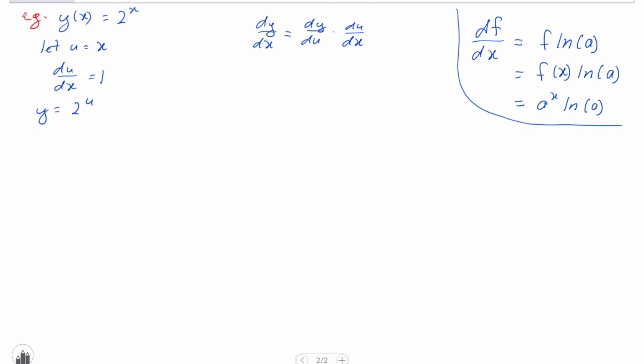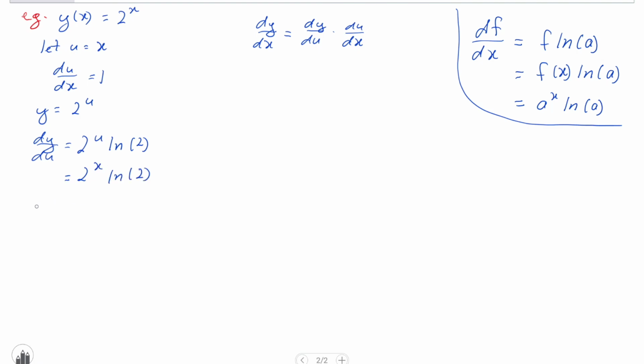Our value of a is equal to 2. Our value of x is equal to u. So the whole thing, dy by du, is equal to a to the x, so in our case 2 to the power u, times the natural log of 2. And that is basically just equal to 2 to the power x times natural log 2.